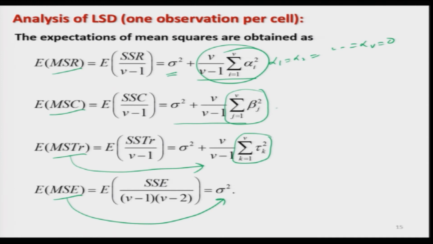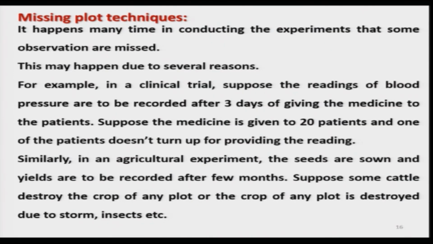Similar conclusions can be drawn from the MSC and MSTR also. So now this completes the analysis of Latin square design, and you can see that it was not very difficult, but the condition is that if you have understood the one way and two way analysis of variance, then you can obtain the analysis of variance in the case of LSD without any problem.